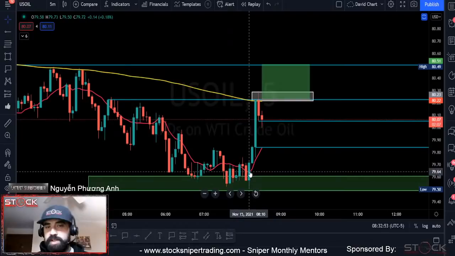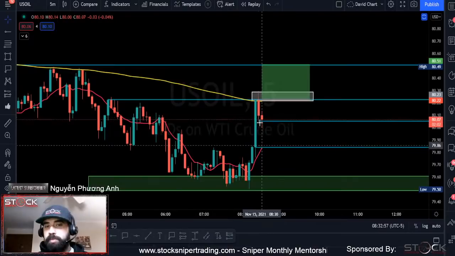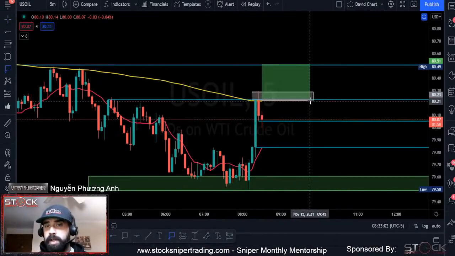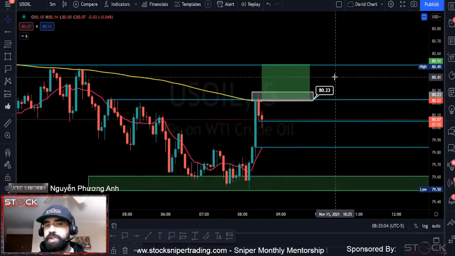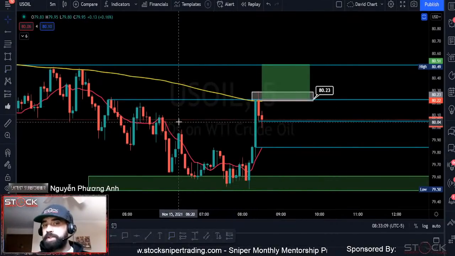Look at where this is, it's heavily extended. That's why you're getting the pullback on US oil right now. So let's just mark this up here, and then we'll go check out GU, we'll go check out gold, and then we'll see what the overall directional movements are going to be.